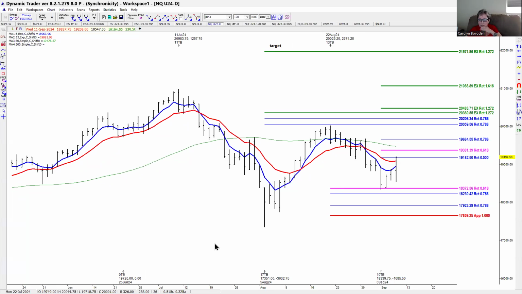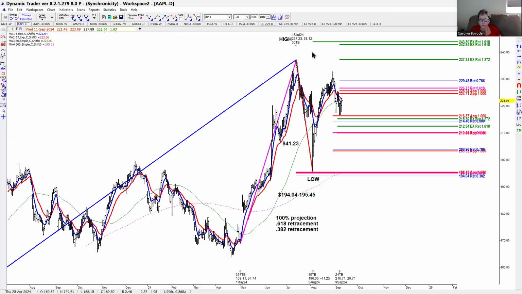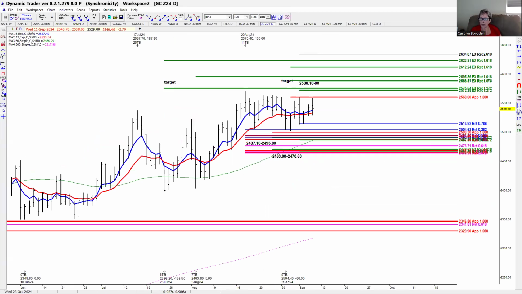But let me talk about exit strategy, because with some of these setups, let me see if I have that. There's a gold. Okay, so here's a gold setup where we had hit and held, and we had all the moving averages on the right side, which I like to see, but I know that my target has not been met yet.